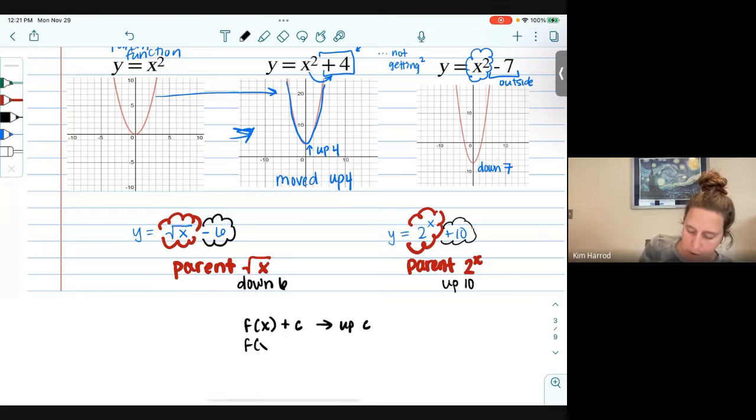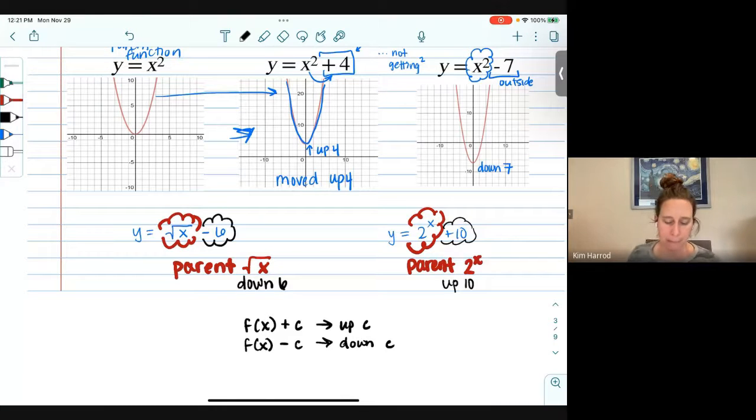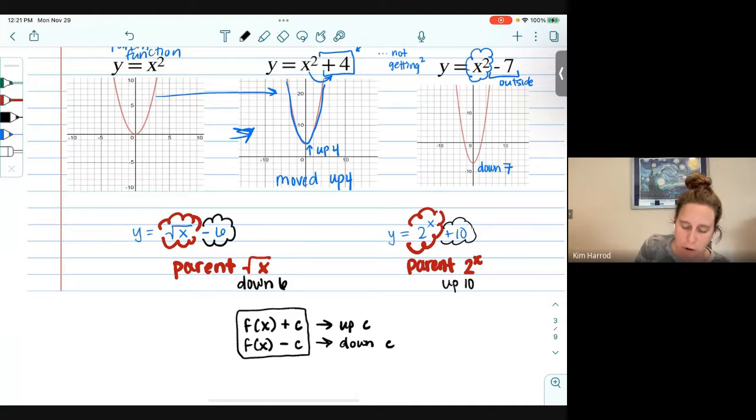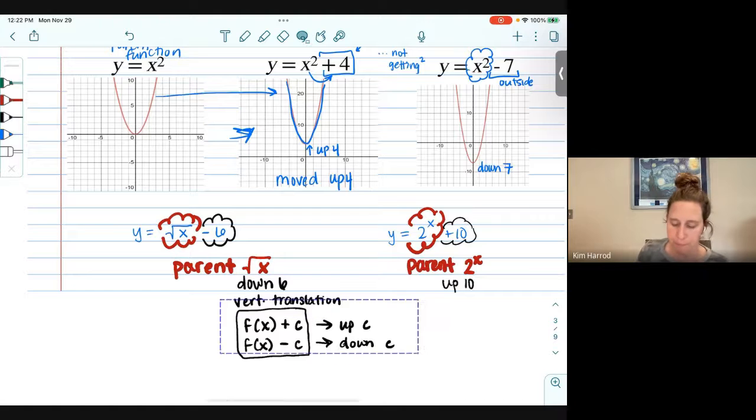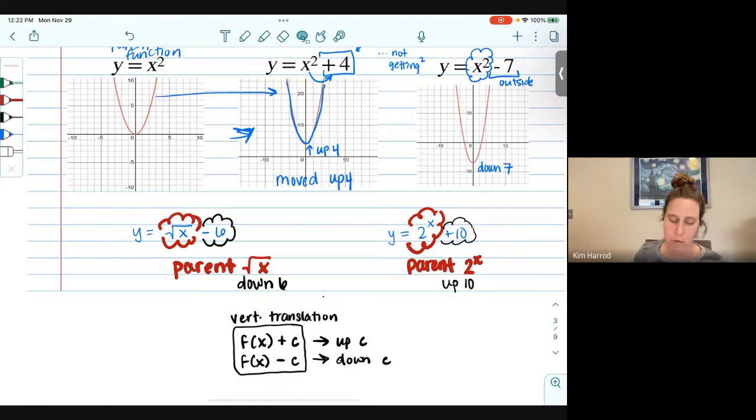And if you have your function minus a number, then that is going to move down by that number. So this right here is demonstrating 2 vertical translations and showing you how up is going to appear and how down is going to appear. So kind of as a little summary for you right there. Those are my vertical translations.